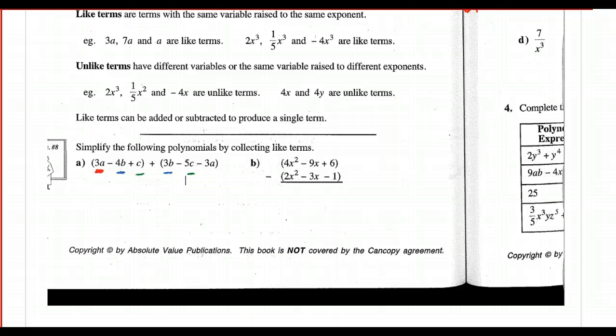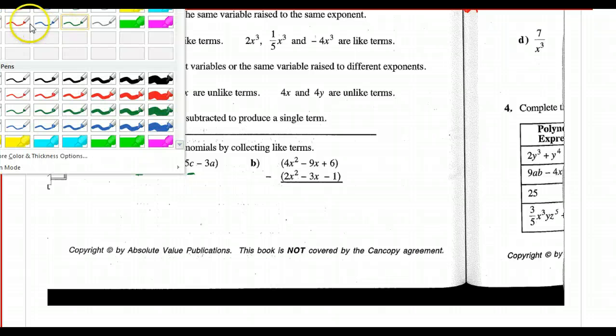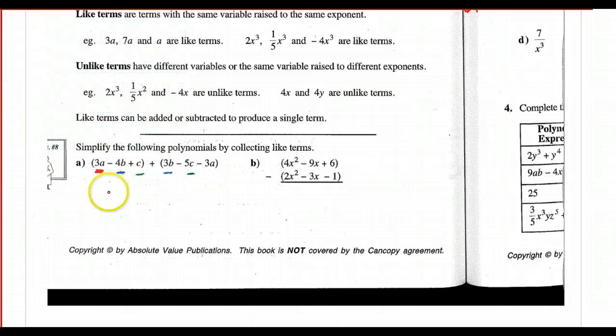So let's do the apples first. So 3 apples minus 3 apples. Well, guess what? I have no more apples, so those get crossed out. I start off with -4 bananas. I add 3 bananas, and that's going to give me -1 banana. Then I have 1 cucumber here. I lose 5 cucumbers, so -4 cucumbers.